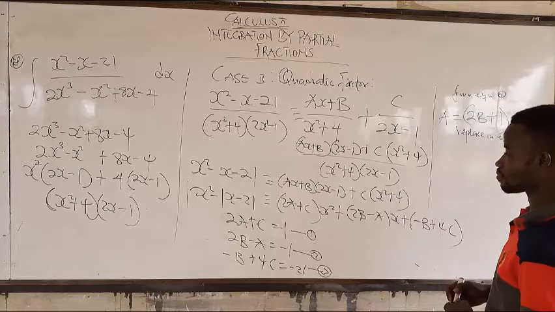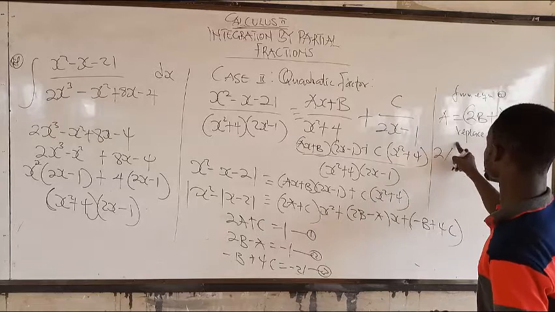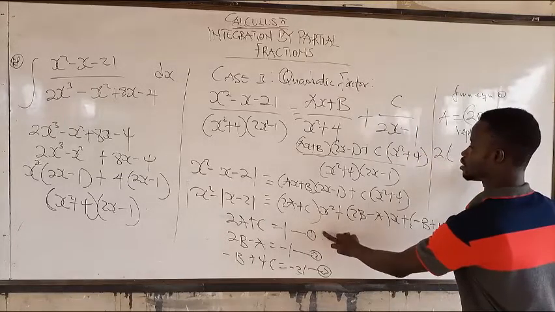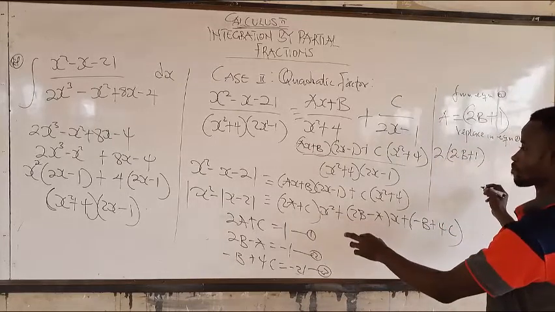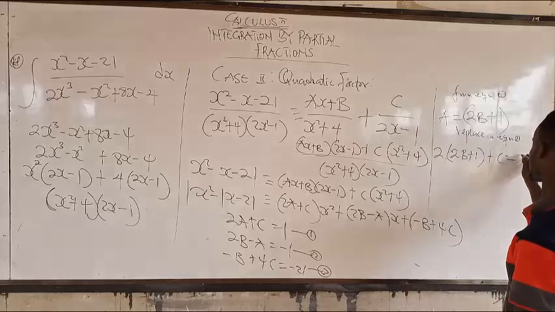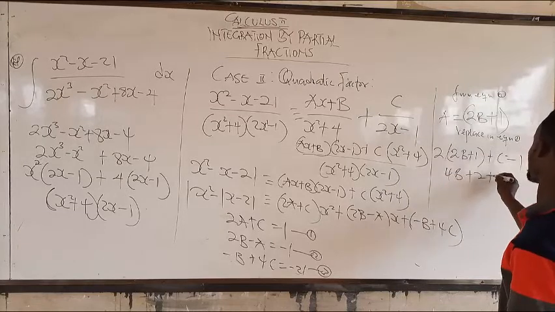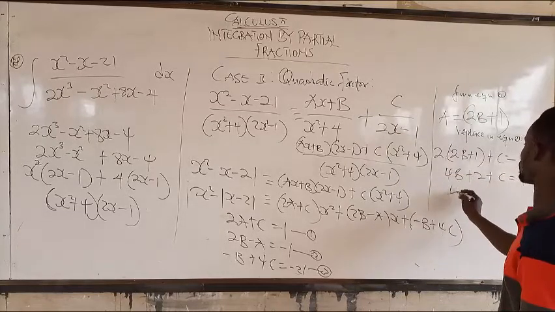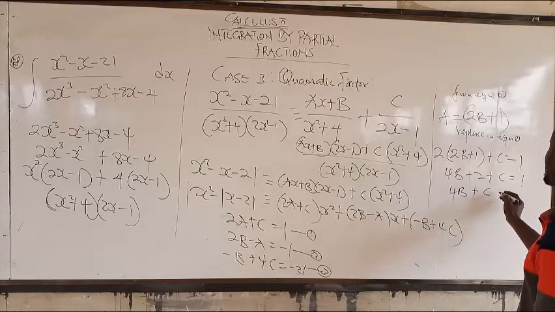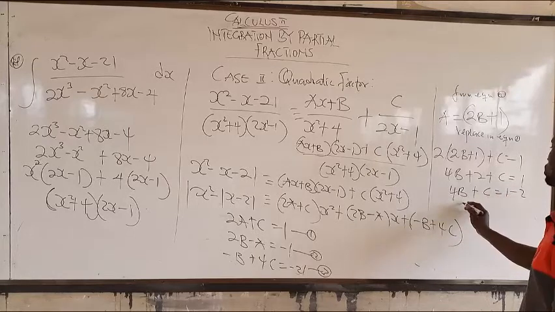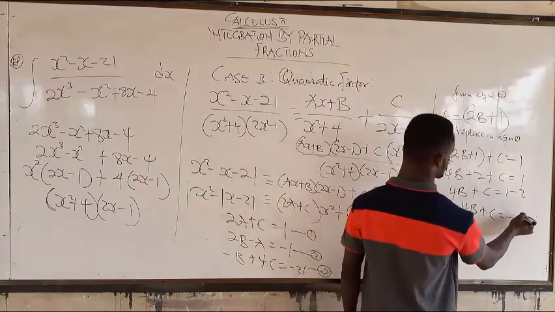When we replace that in equation 1, we are going to get 2A plus C equal to 1. So we are going to get 4B plus 2 plus C is equal to 1. So 4B plus C is equal to 1 minus 2. So 4B plus C is equal to negative 1.